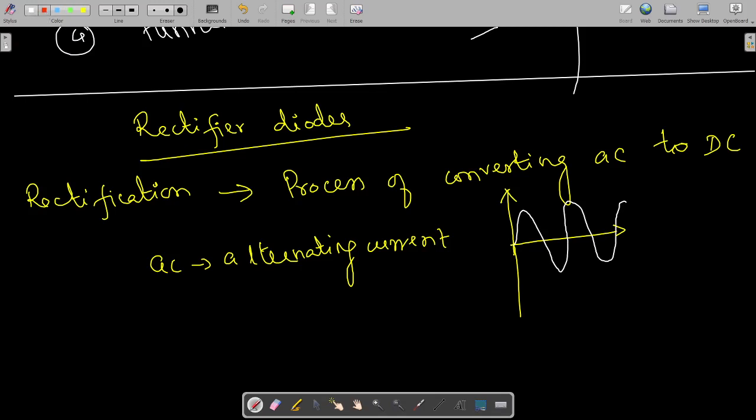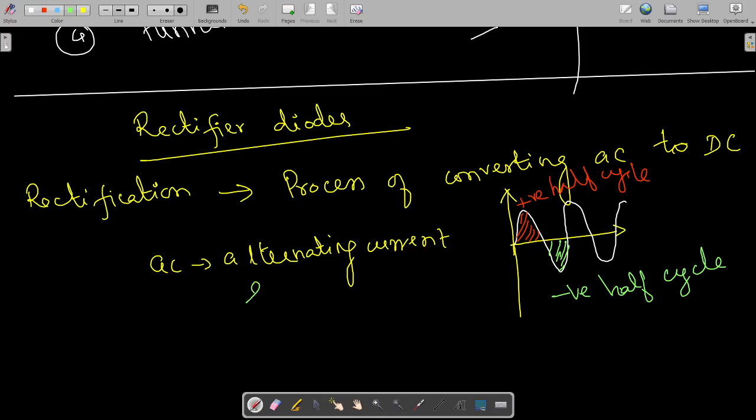This is the alternating signal. In this alternating signal, you have the positive portion like this. We call it the positive half cycle. And we have the negative half cycle, this portion. So both the positive half cycle and the negative half cycle are present in an alternating or AC signal.